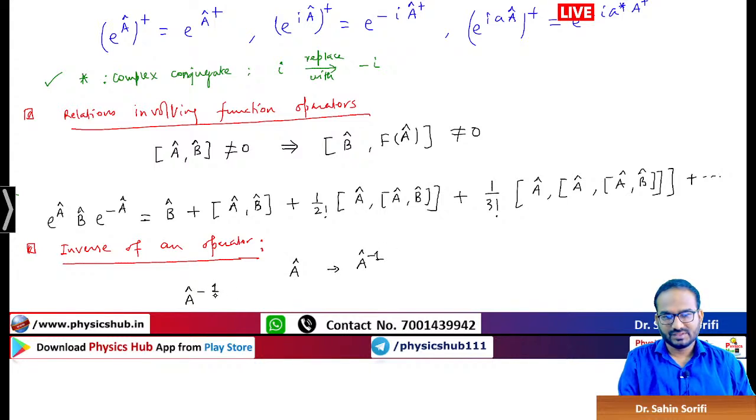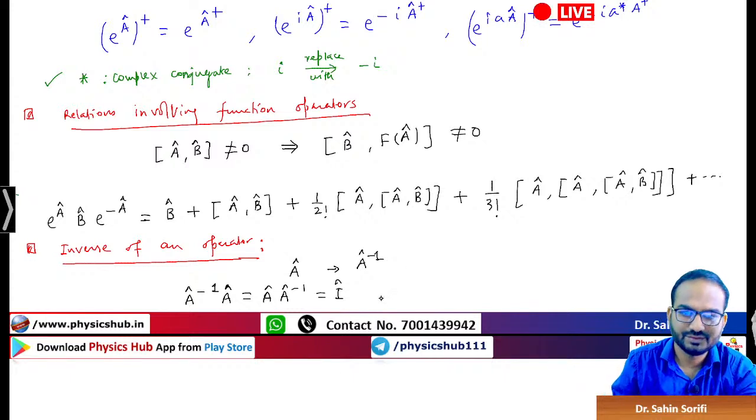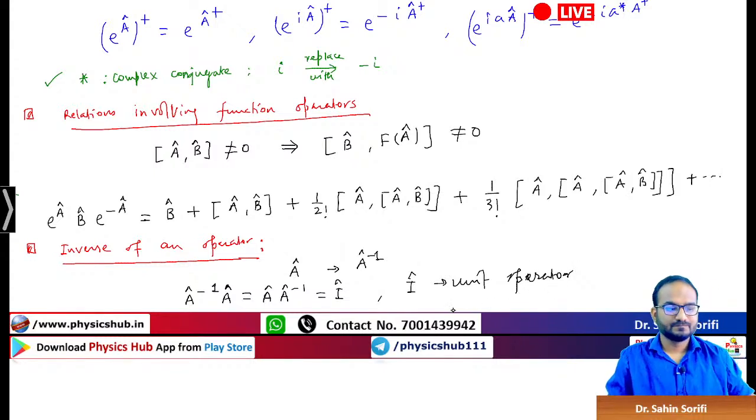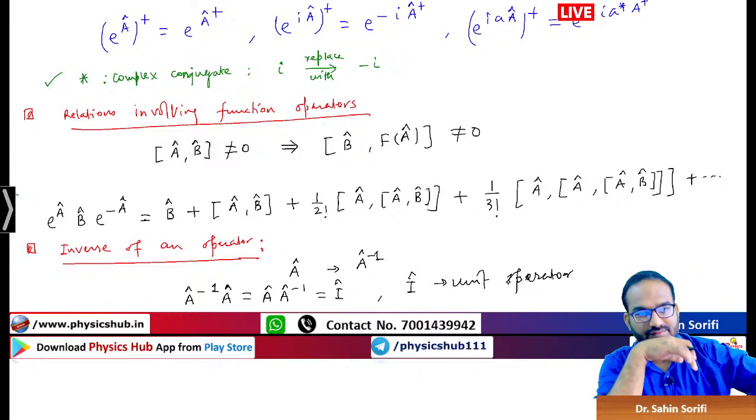If this relation holds, A inverse A, this is similar to the matrix inverse, A inverse A equals I. I is the unit operator, you already know it. The unit operator, the unity operator, is an operator that leaves any state unchanged. So this is the inverse operator.